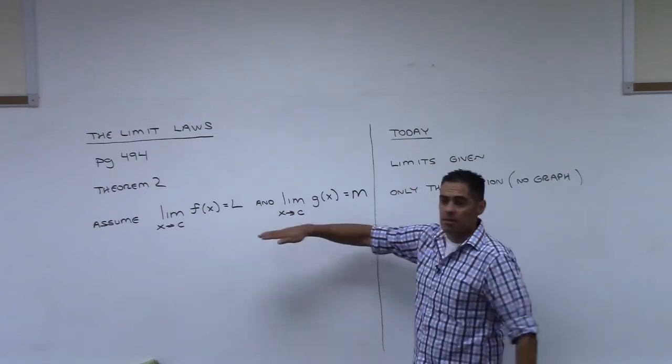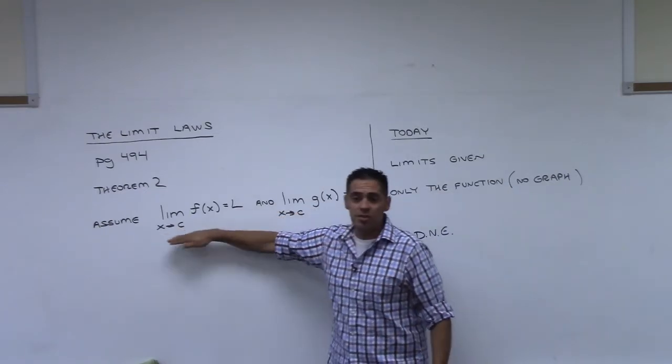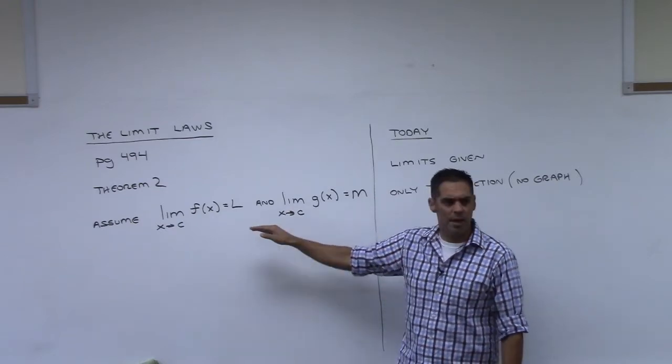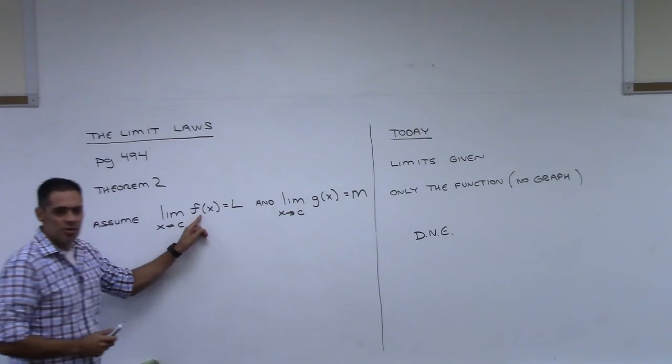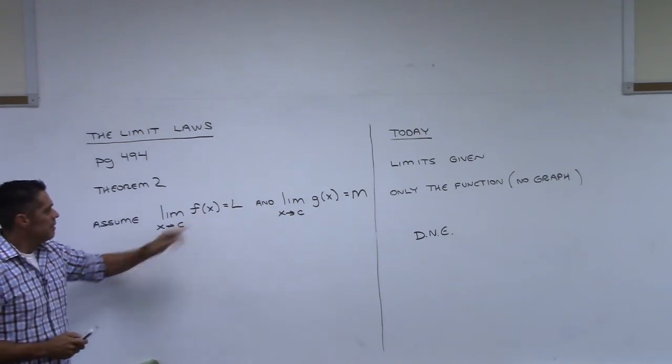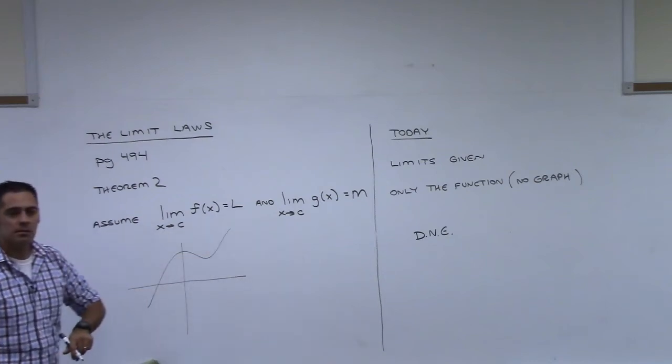Okay, so the limit laws that I'm going to give you start out by saying assume that this is given. Okay, so what does this mean? This means that we have some graph of some function f, all right? And I don't know what it looks like, but some graph here.